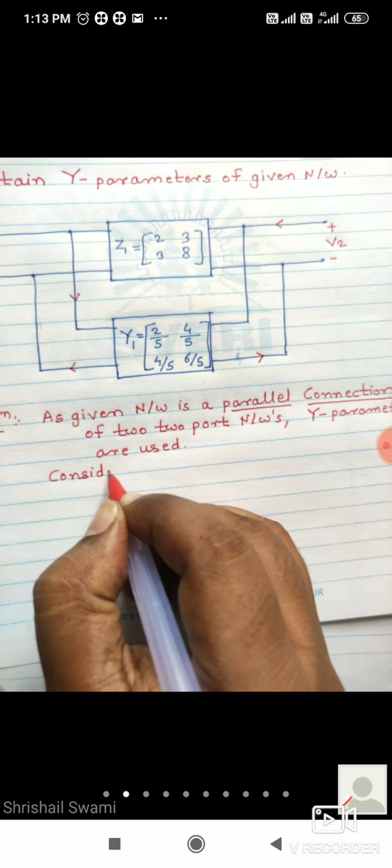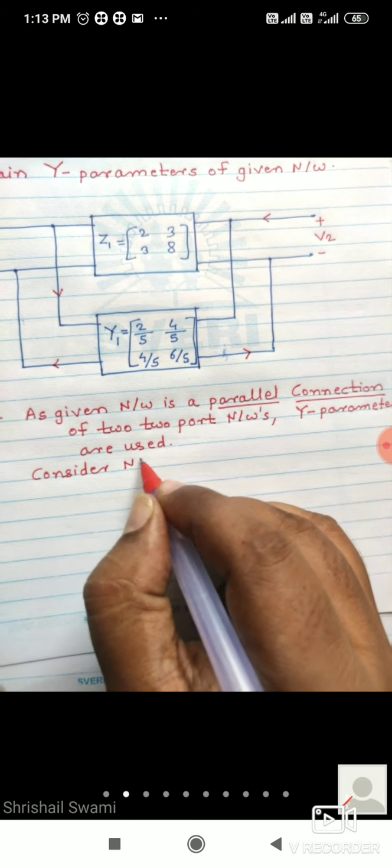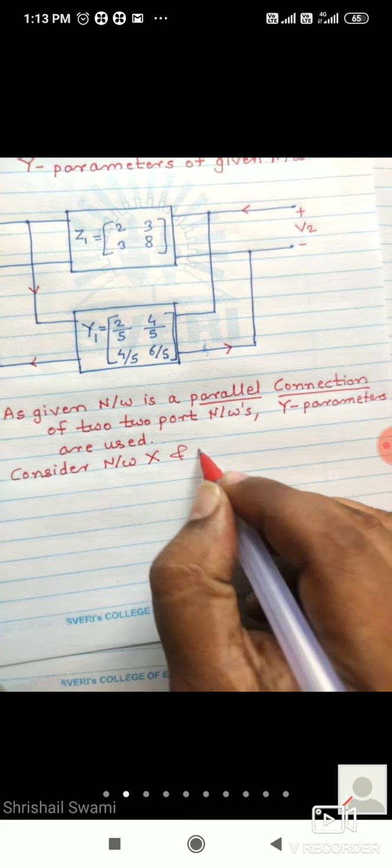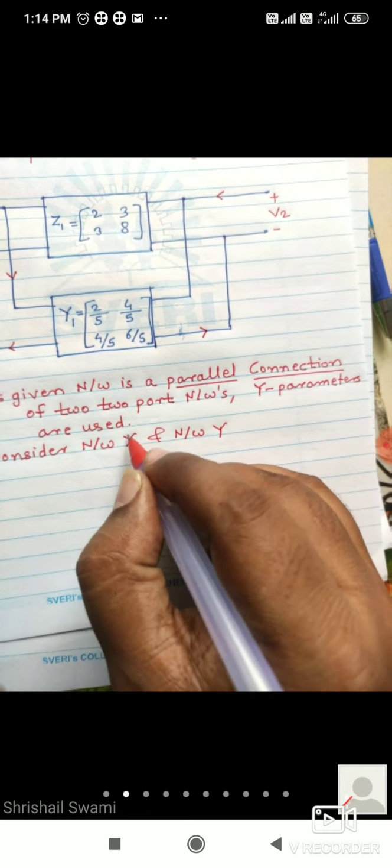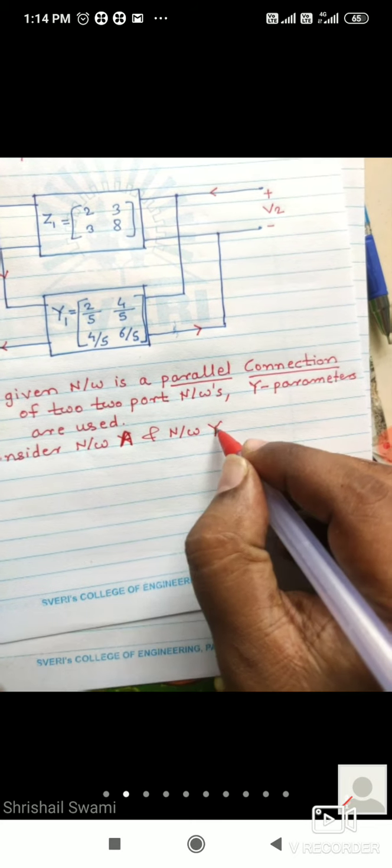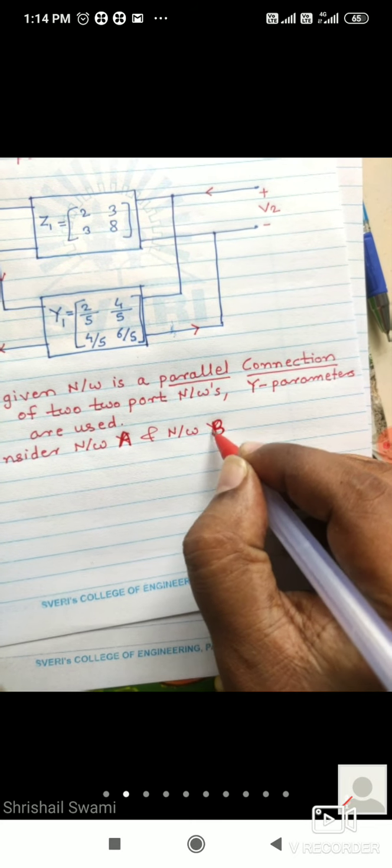Okay, so consider network X and network Y. Not given, you have to consider network X and network Y, किंवा network A आणि network B असे म्हणू शकता, whatever you can take.